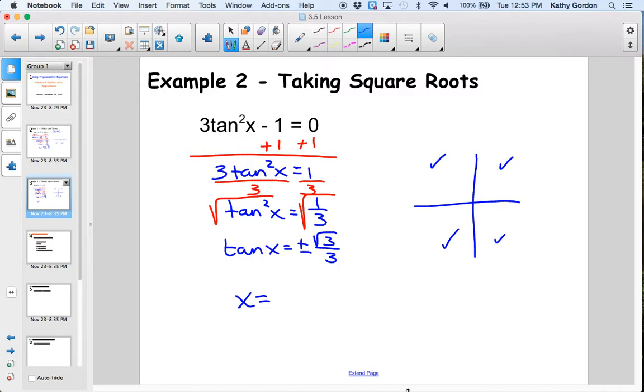All right. So pi over 6 is my reference, and I can have angles in all of the quadrants. Then what should my values for x be? Pi over 6 is a good start. That's my first quadrant angle. Not quite.